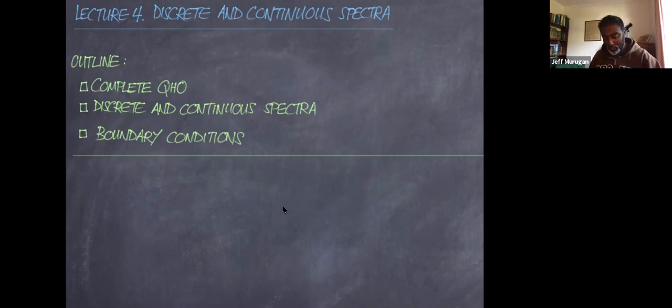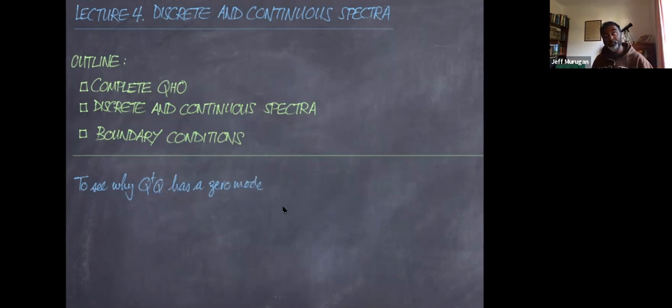Okay, so let's pick up where we left off last time. To see why q dagger q has a 0 mode, again, 0 mode is just jargon for the statement that we have an eigenfunction with eigenvalue 0.